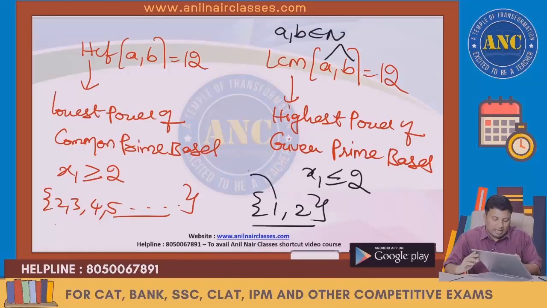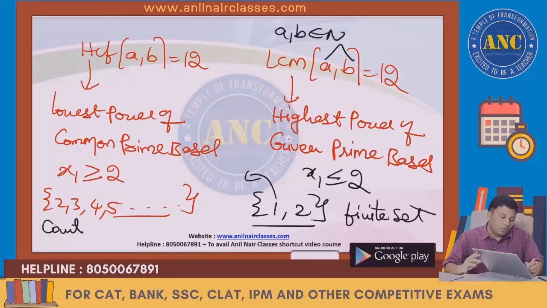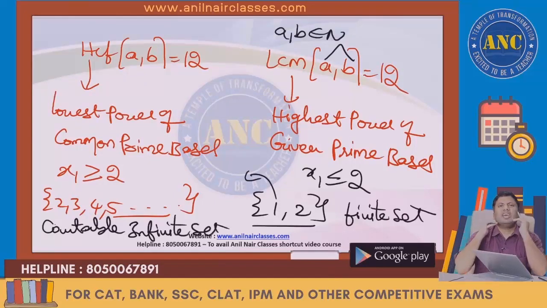Here there can be a finite set, but in the HCF case there can be a countably infinite set. When I say x greater than or equivalent to 2, from 2 it is going further. Till where it is going further, we don't know. Are you all with me?